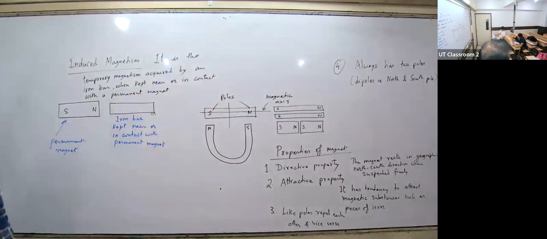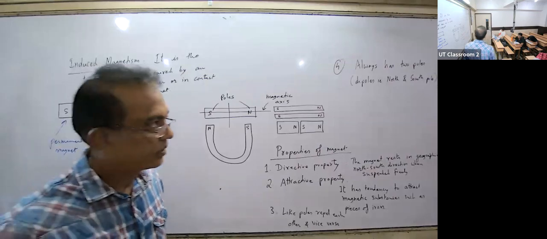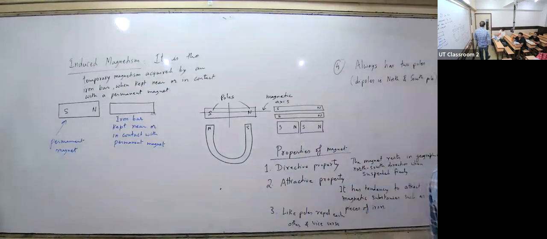Is this understood? Write it. What is induced magnetism? It is the temporary magnetism acquired by an iron bar when kept near or in contact with a permanent magnet.